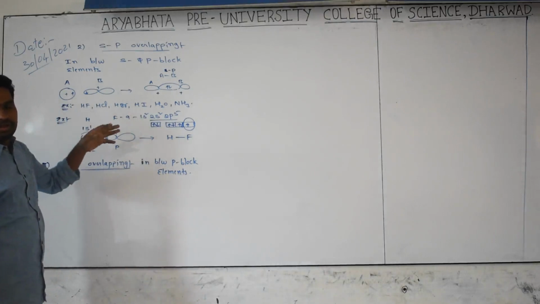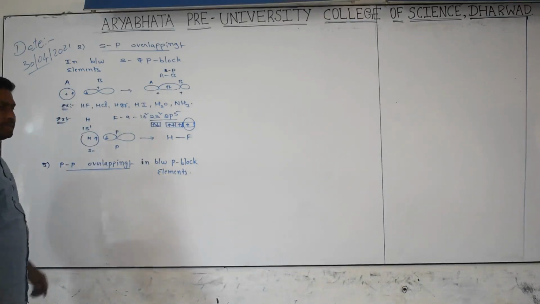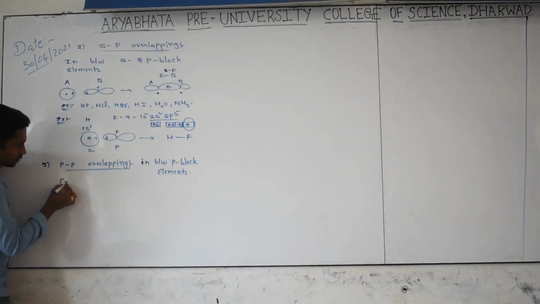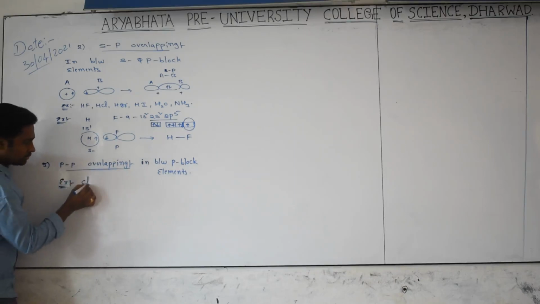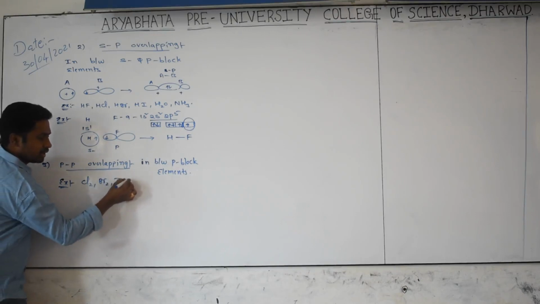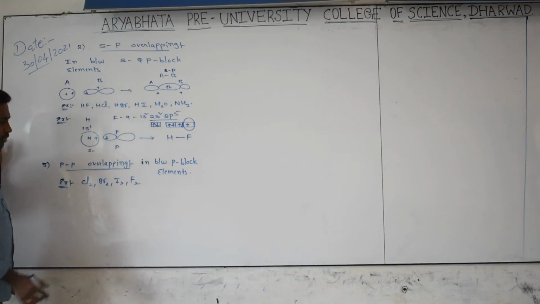That's why the p orbital is involved in overlapping with the p orbital of another atom, and then it is called PP overlapping. Can you give some examples? Both elements should be from the p block only, like Cl2, Br2, I2 and F2. These are all PP overlapping molecules.